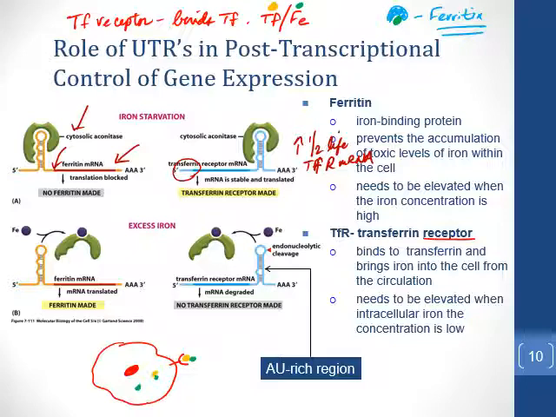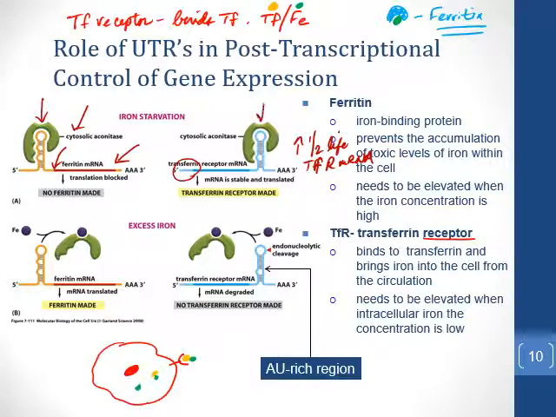Now, what about conditions in which there's too much iron, an excess of iron? Well, here's what happens. In the excess of iron, the iron will bind to cytosolic aconitase. In other words, cytosolic aconitase has an iron binding site. Now that wasn't an issue up here. Here's the iron binding site right here.